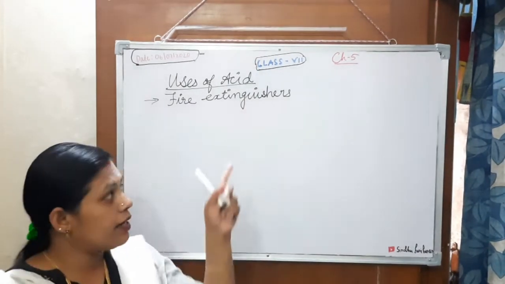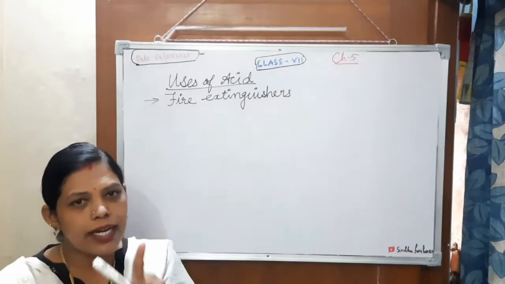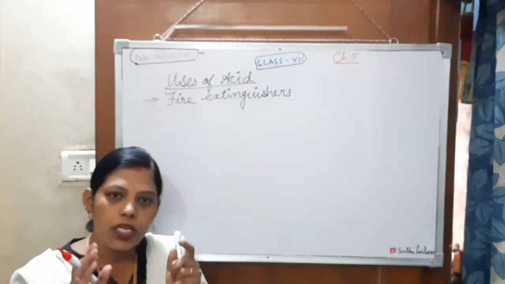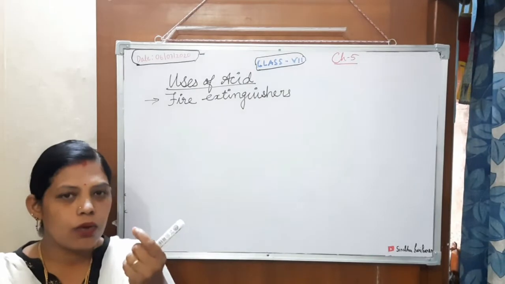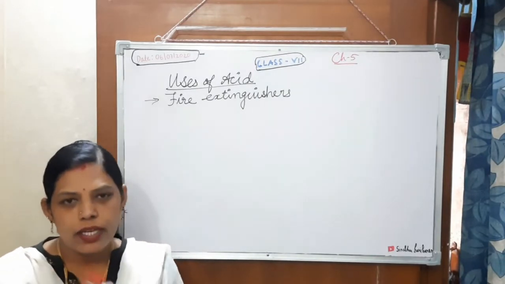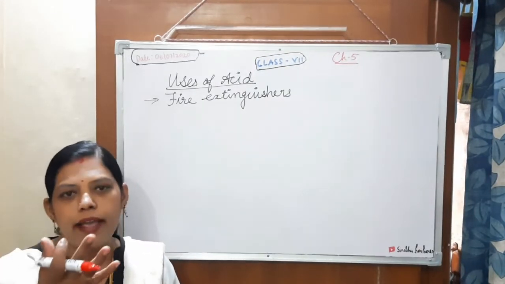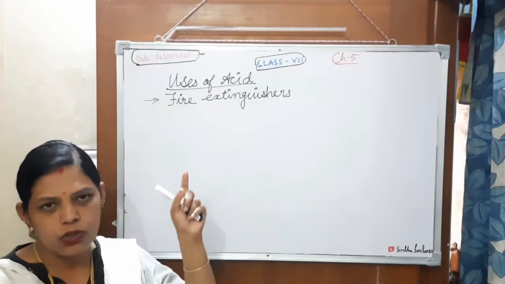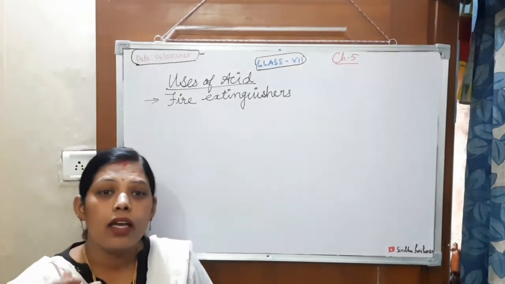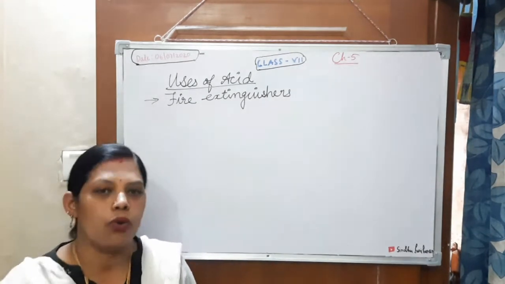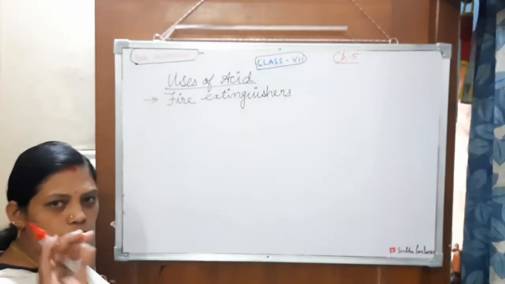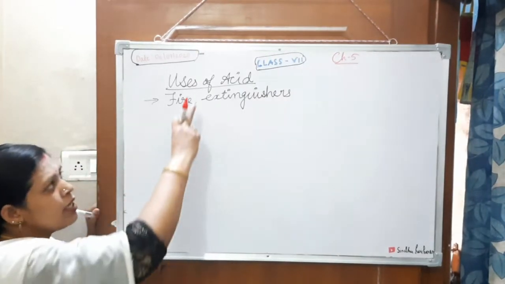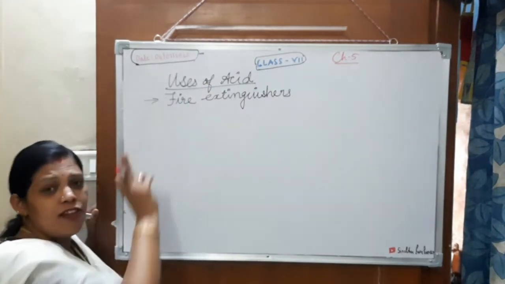We all know that fire extinguishers use carbon dioxide. Carbon dioxide is a cold gas, so when it comes out, the fire is extinguished because of the coldness also. It will not allow the fire to spread, so it suddenly stops it. Because of that property, acids are used in fire extinguishers.